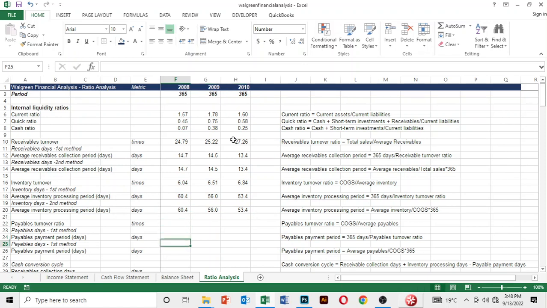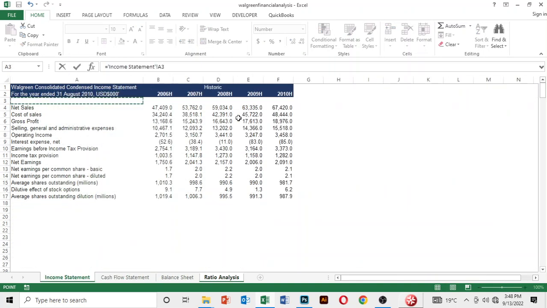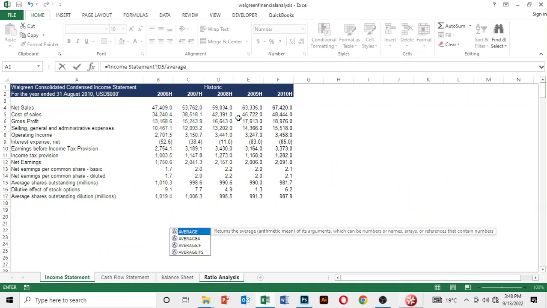Then let's go over to payables. So here we just want to see how many times do we pay our suppliers, right? And also to compute how many days we take to pay our suppliers. So we start with this. We use cost of goods sold for 2008 divided by average payables.